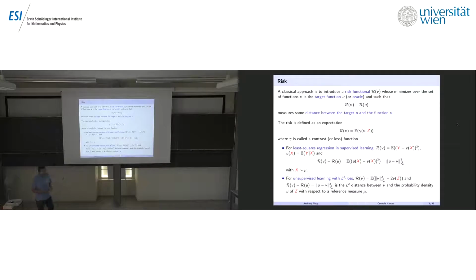In unsupervised learning, you can have many choices of contrast. The simple choice is an L2 loss, where you choose this contrast function here, take the expectation, and you define a risk such that the difference between R(v) and R(u) is again the square of the L2 distance between u and v, where here the oracle is the density of the probability distribution with respect to some reference measure, which could be Lebesgue or other measures.